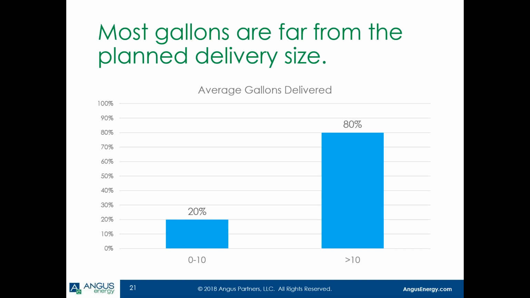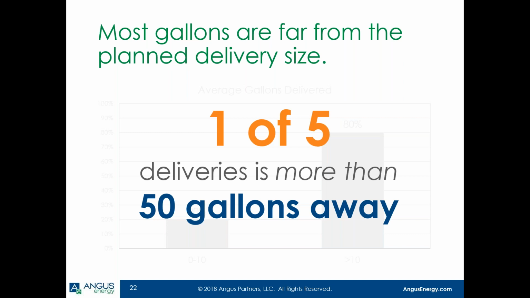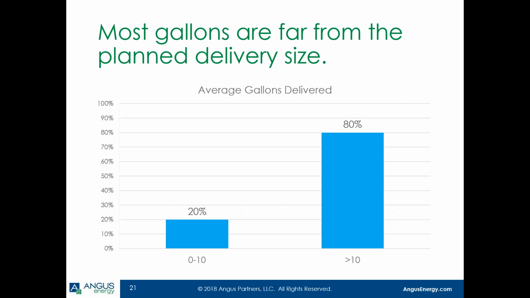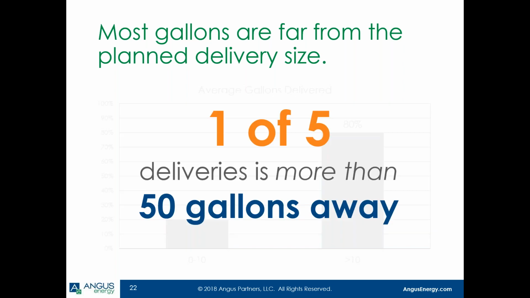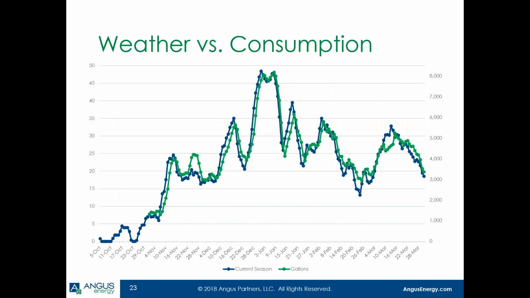If your average was 140 and every delivery was 140, your standard deviation is 0. Our issue in the industry is they are all over the place. Okay? And as I said before, 80% are 10 gallons away. 1 out of every 5 deliveries was more than 50 gallons away from the average. Okay, that's an issue.